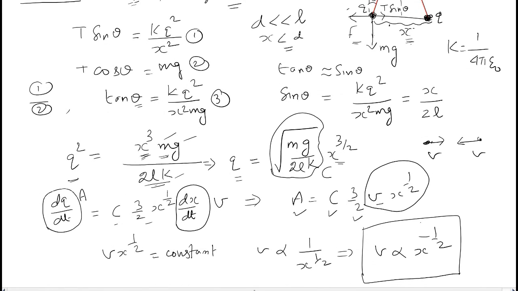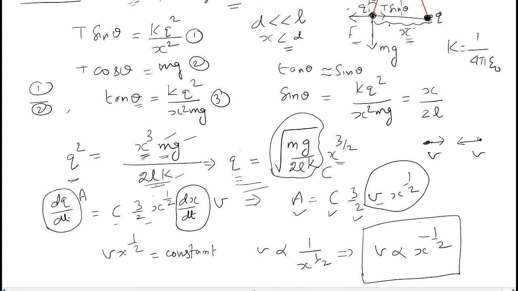Then you got this expression, q is equal to root of all this. They are in equilibrium when q is constant. When q is constant, x will also be constant, but they are moving because charge is leaking, so x will vary. Charges become less and less, x will become less and less. That means there is a velocity.